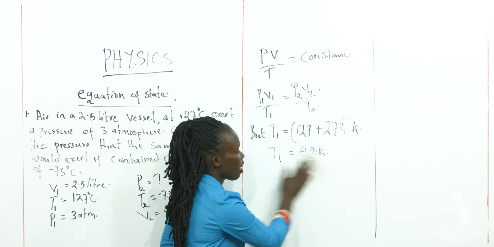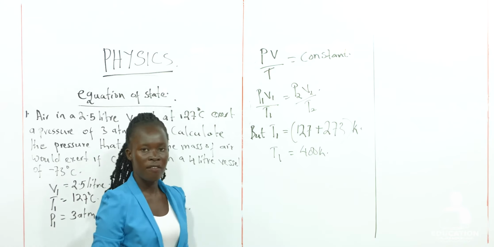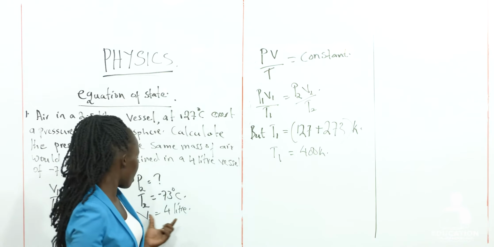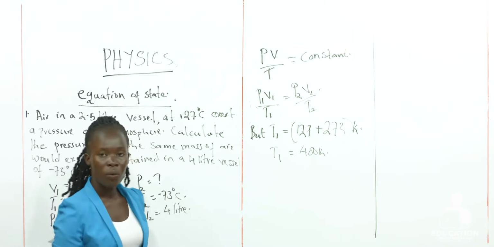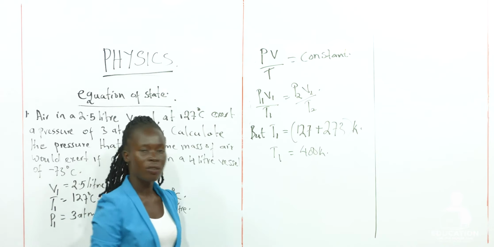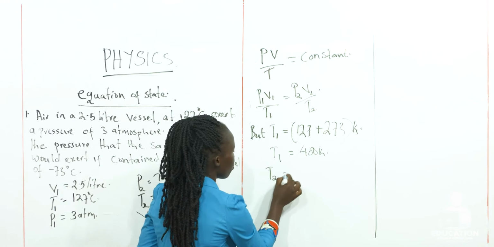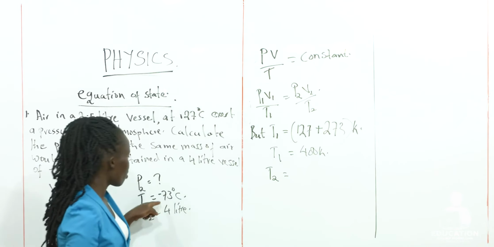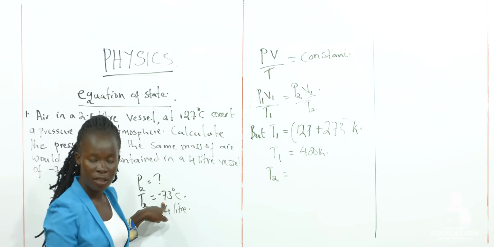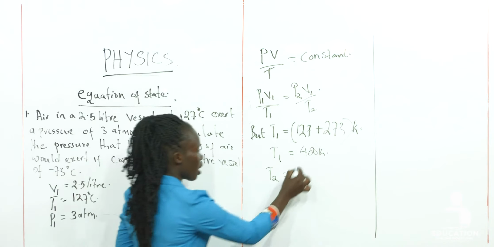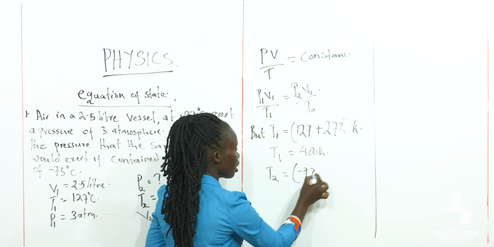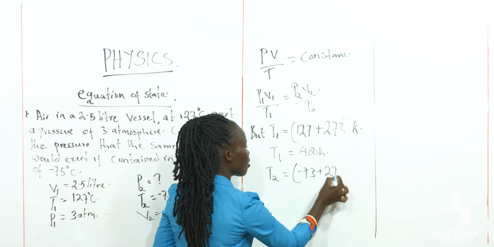Even the temperature at the end was given to us on the Celsius scale. We also convert that to the Kelvin scale. We shall have our T2, instead of negative 73 degrees Celsius, as negative 73 plus 273.